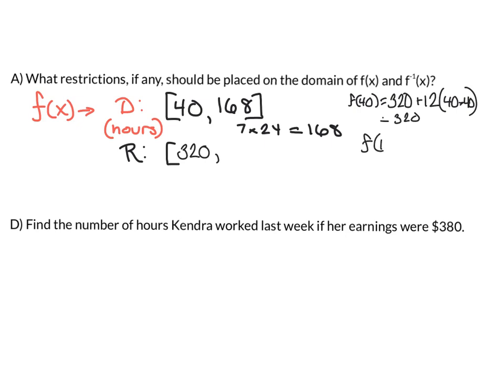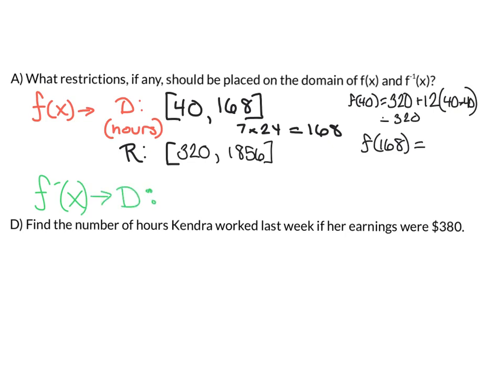So if I do f of 168, toss that into my function, I get $1,856.